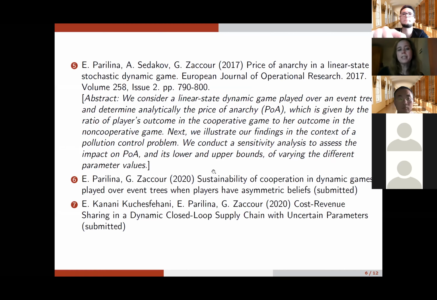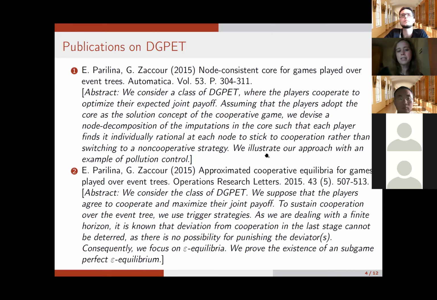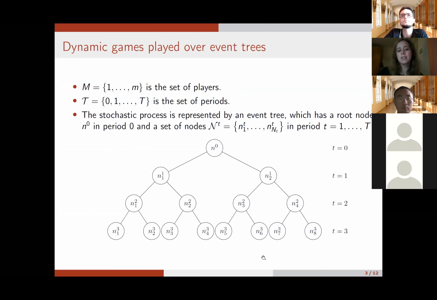And we considered a binary tree. And we also got a simplification that the probability of going to the left or to the right does not change over time. So it is always P and 1 minus P. So we consider this class of games with symmetric players, which have the same payoff function.